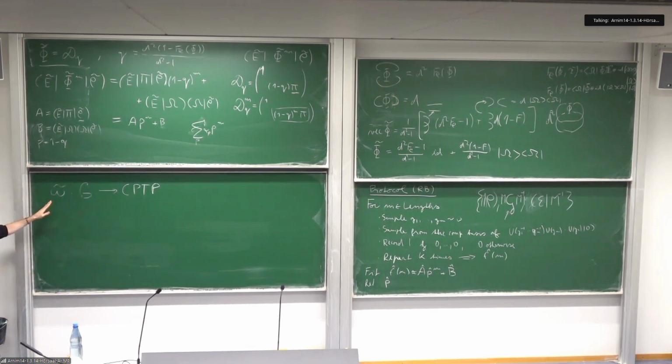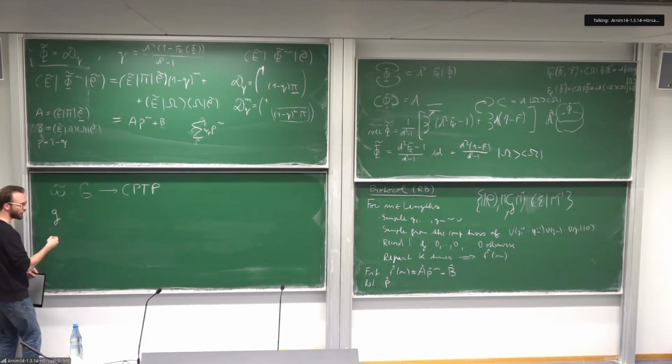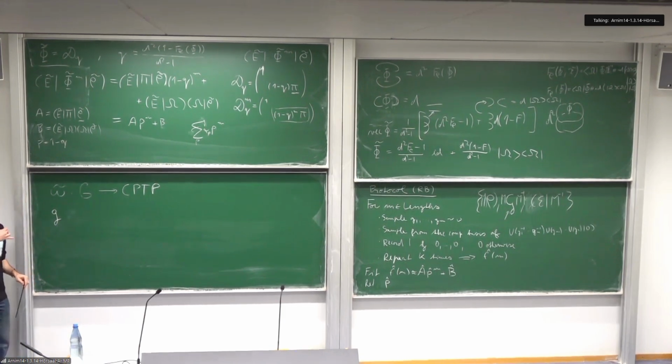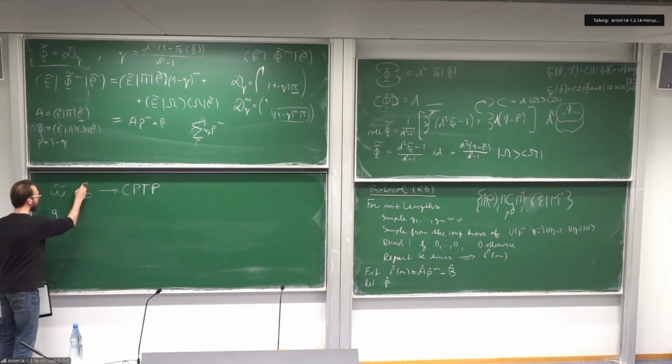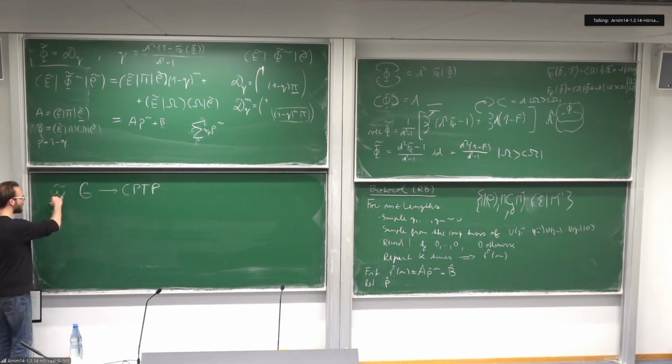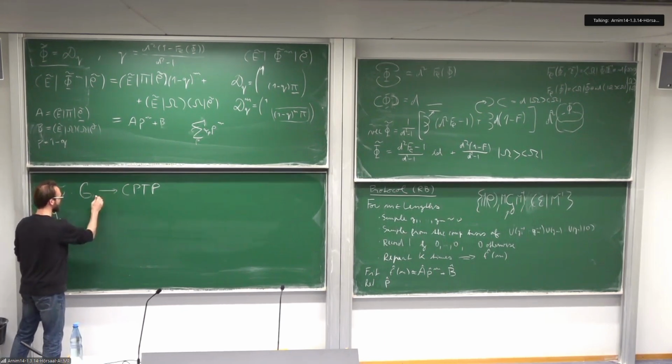But it is still time independent. If I take an element G and apply it in the first layer, it will have the same CPTP map as if I apply it in the 100th one. I could also imagine a time-dependent implementation map, and that would also have a layer index here.